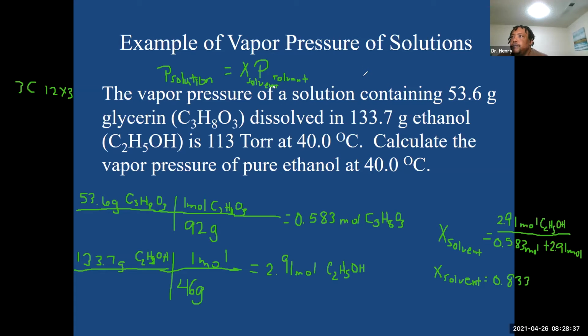So we would have 113 equals 0.833 times P solvent, and we solve for P solvent.